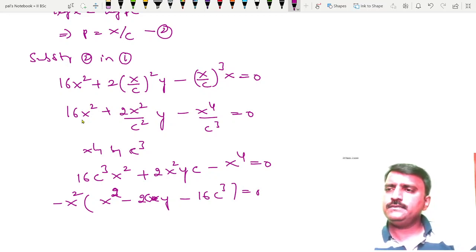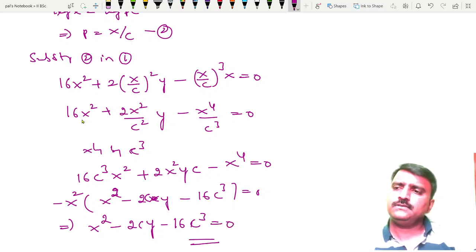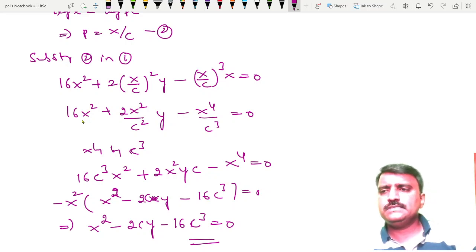Or you write, which implies that the final solution is x square minus 2cy minus 16c cube is equal to 0. x square minus 2cy minus 16c cube is equal to 0. That's all.